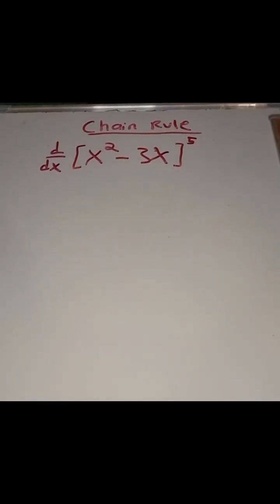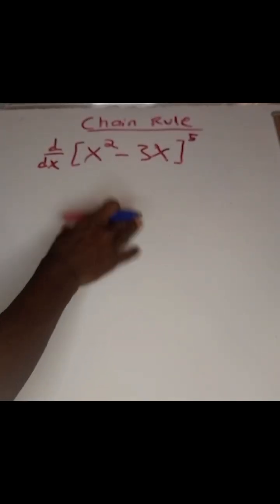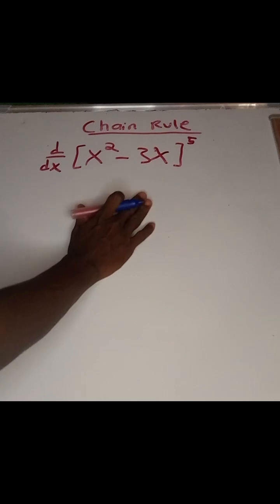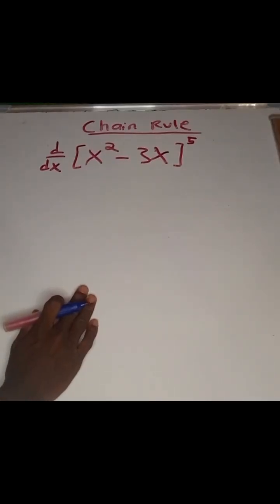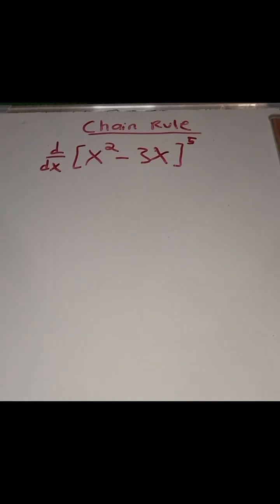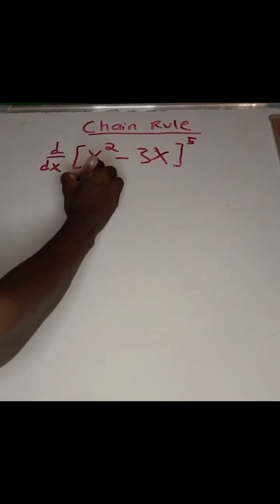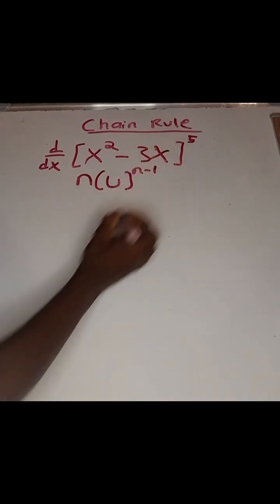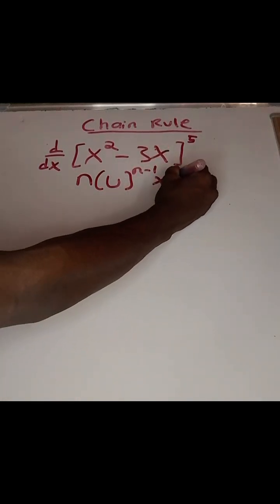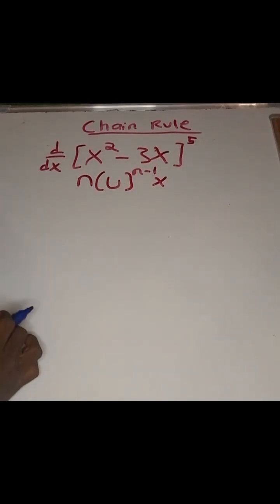The question says that we are to find the derivative of this problem using chain rule. How can we use chain rule to find the solution? According to our formula, n into u to the n minus 1 multiplied by the derivative of the inside bracket, which is u prime.